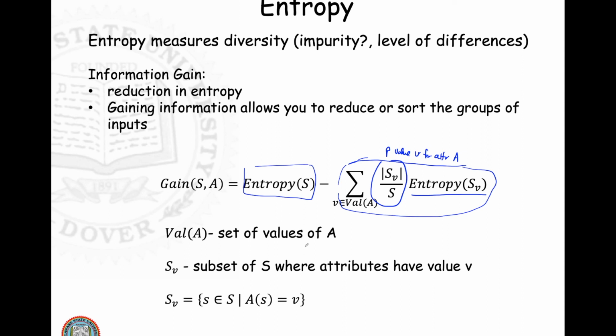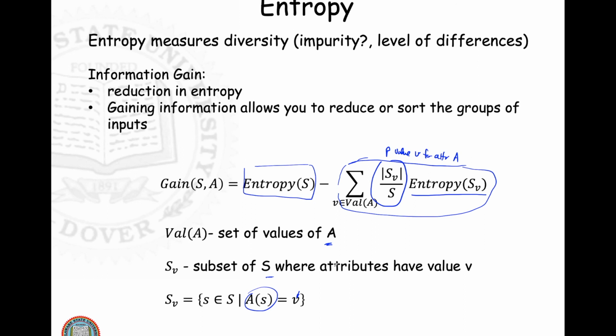And so Values(A) is the set of values for attribute A. Sv is the subset of your original group of instances S whose attribute has a particular value v. And then Sv is all of those data points from the original set of data points such that that attribute has the particular value.